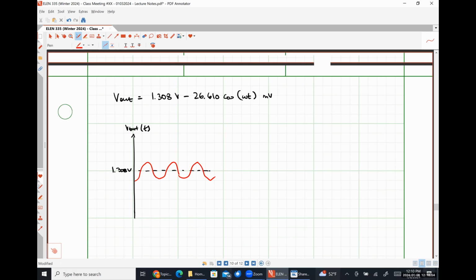And we'd see some perturbation around that DC offset that is 26.610 millivolts in amplitude. So yeah, small cosine function on top. But it's 26 times larger than the perturbation on our input signal.